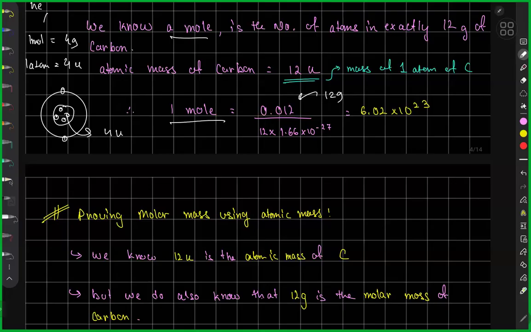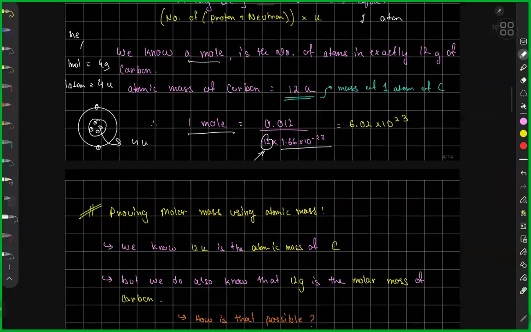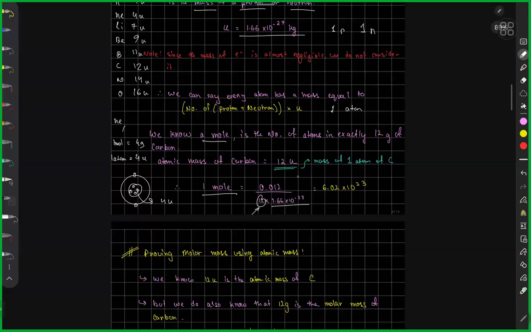Fair enough. What do we divide this by? We divide this by the mass of one carbon atom. And one carbon atom has a mass of 12 times 1.66 times 10 to the power of minus 27.